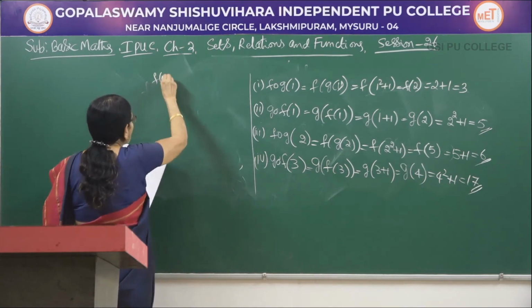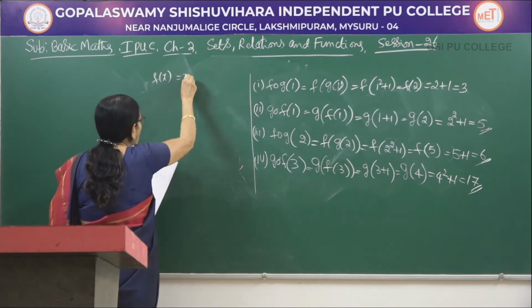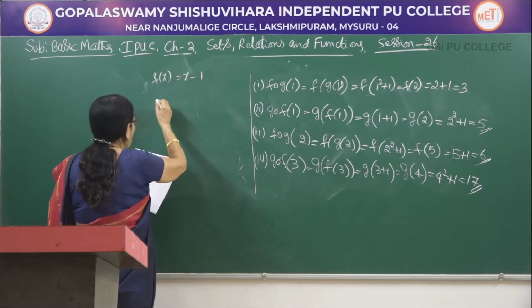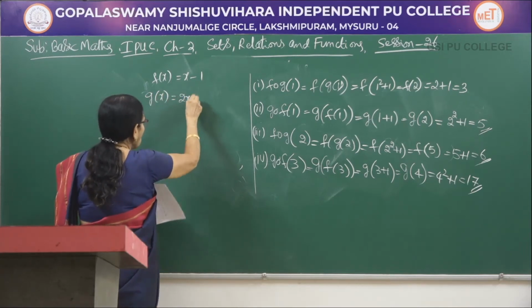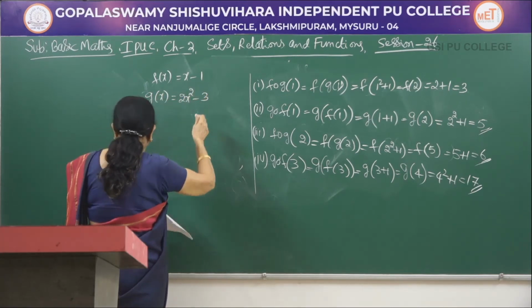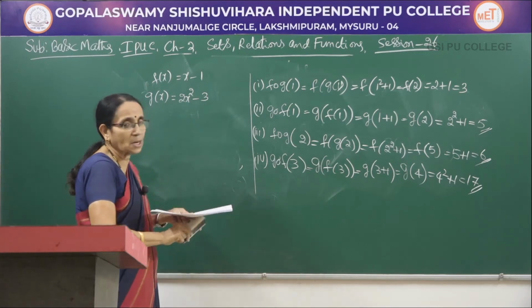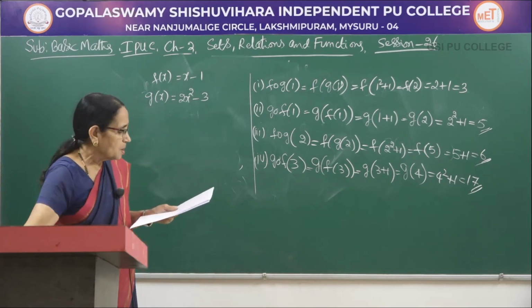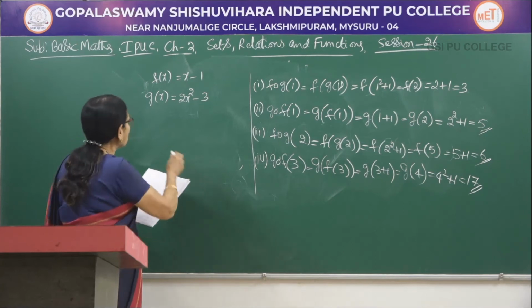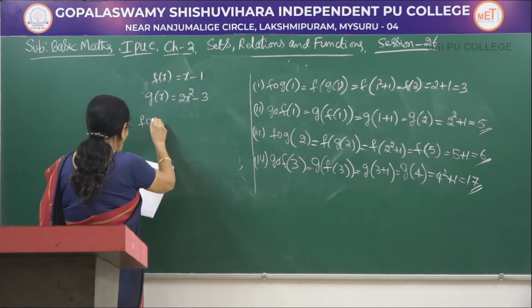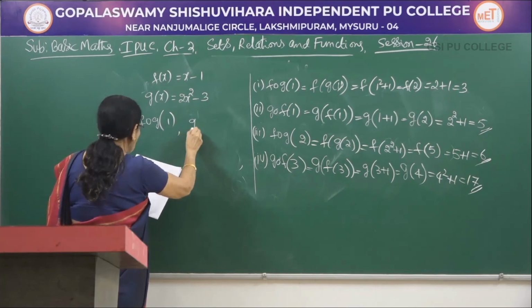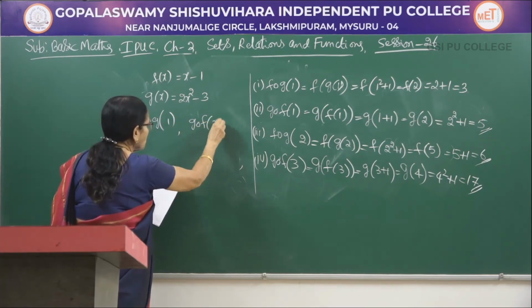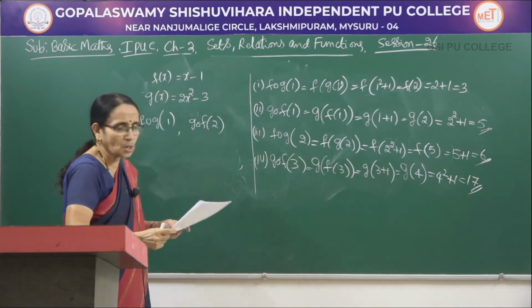Here, the definition of f of x would be x minus 1, and the definition of g of x would be 2x square minus 3. Now, we have to calculate here fog of 1 and then gof of 2.